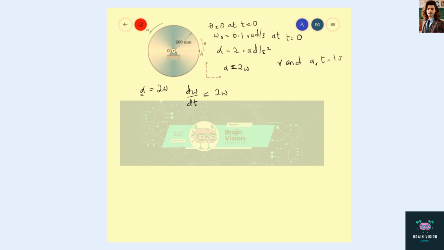If we rearrange this, we bring omega down and bring dt up: d omega over omega is equal to 2 dt.